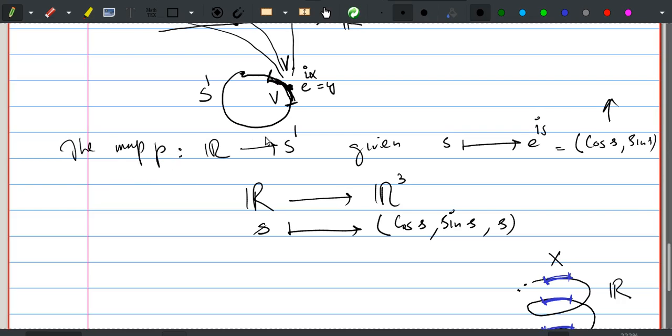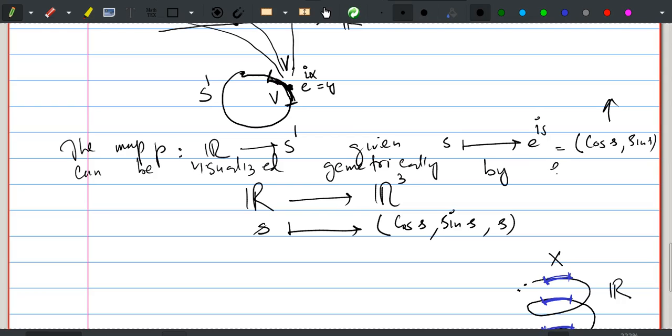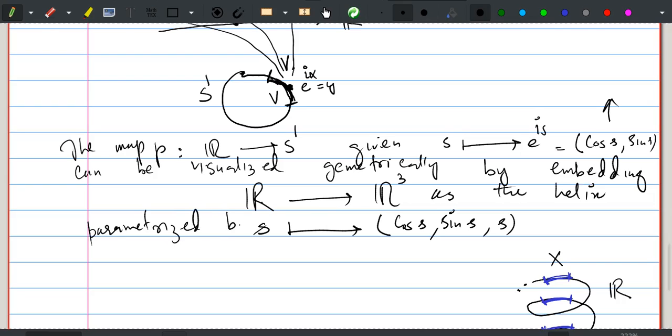So the map can be visualized geometrically by embedding this R in R3 as a helix, which is parameterized by s goes to this triplet here, and this P in that case is the restriction to the helix of the projection of R3.